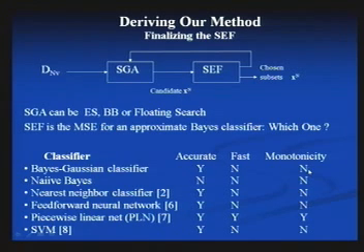The idea of monotonicity is that if you add a new feature to your subset, your error might stay the same, but it can't go up. As far as I can figure out at the moment, the only choice is the piecewise linear network. Anything else, you would lose monotonicity.